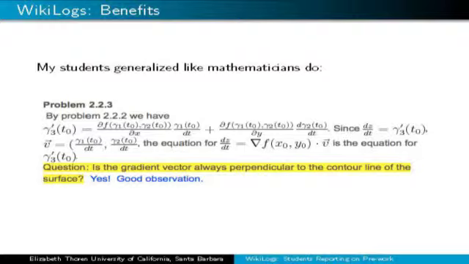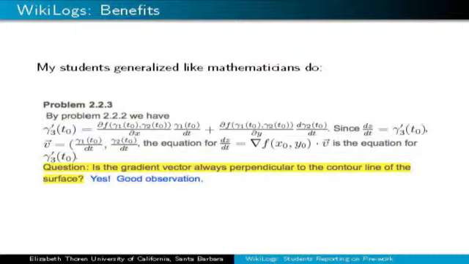But also my students started to generalize like mathematicians do. This work at the top is them working through the chain rule, bit by bit, using the one variable chain rule to build the multivariable chain rule. But the important thing is they'd only seen the definition of gradient. We hadn't talked much about the consequences of that definition or what a gradient vector field really is.